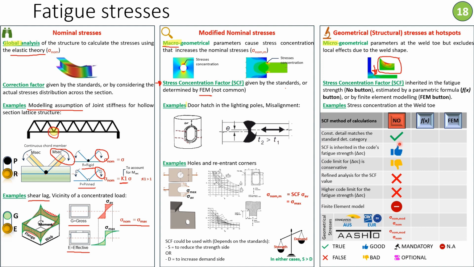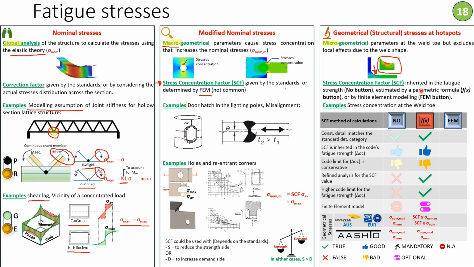But unfortunately, in that case, the given fatigue strength values are conservative. That's why codes provide an alternative method to calculate the stress concentration factor with more refined analysis, which moves us to the next button.